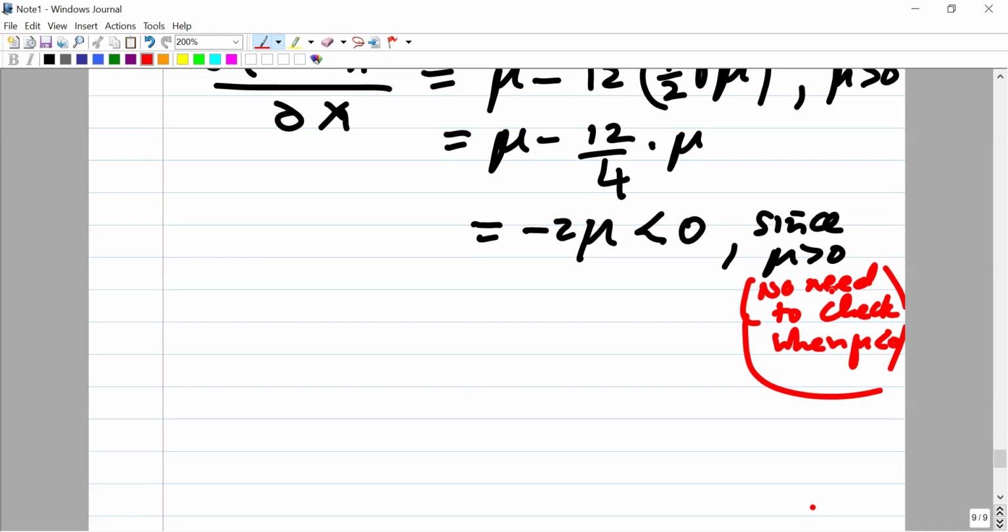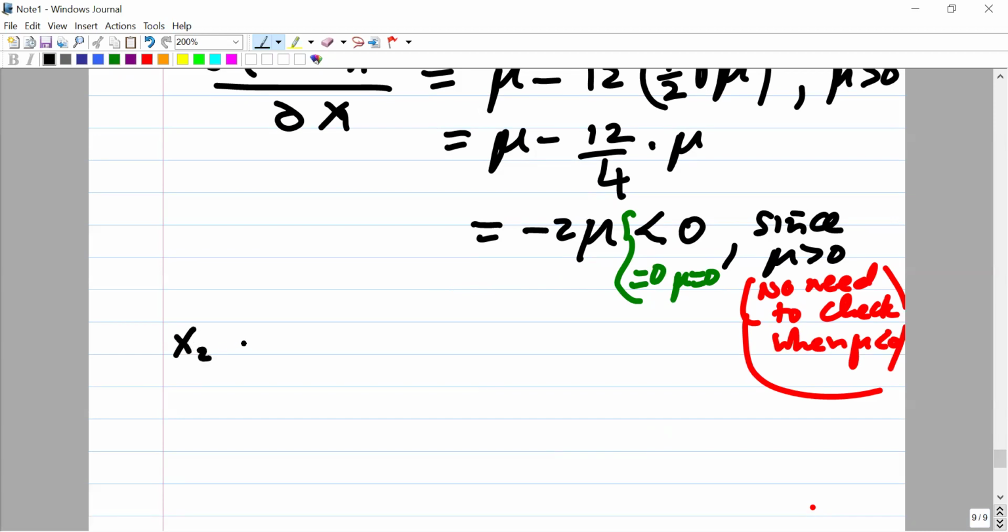Because it doesn't exist as a real valued equilibrium when mu is less than 0. But we also just know as well that this is equal to 0 if mu is equal to 0. So we only have two cases for the equilibrium x2.